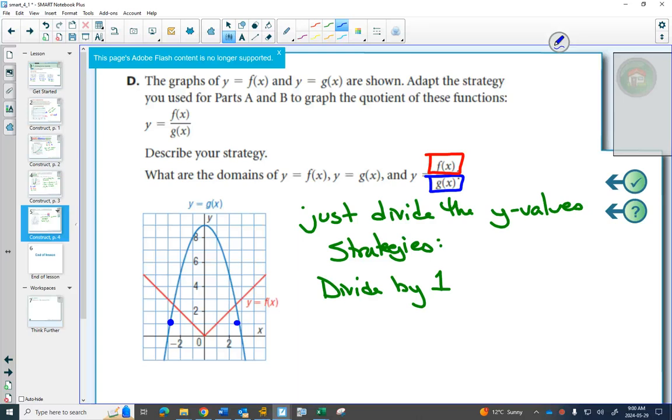So does it make sense that if I'm dividing by 1 here, my red graph would be exactly the same as my red graph? Because if the red graph is 2.8, and the blue graph is 1, 2.8 divided by 1 still says 2.8. Those points are going to stay the same. That's a good strategy. What other things are easy to divide?